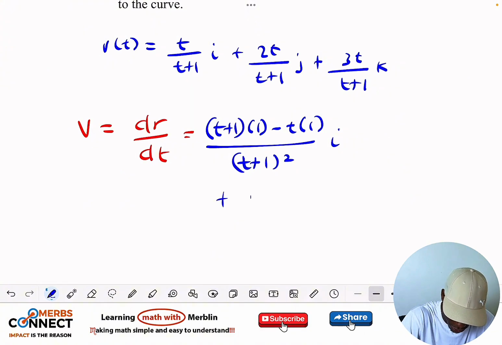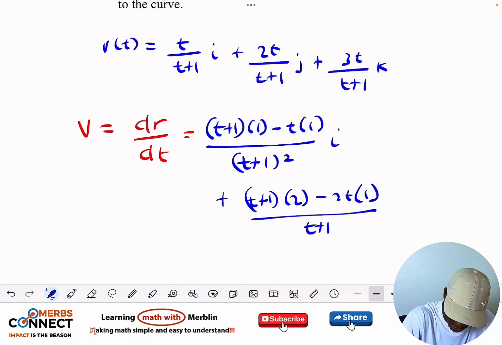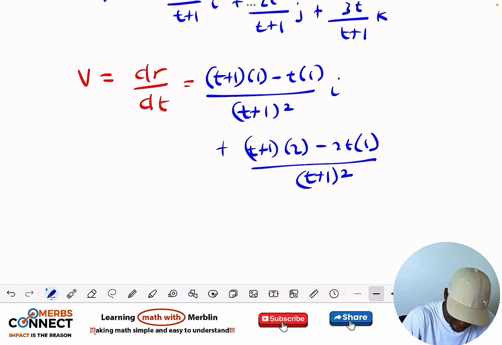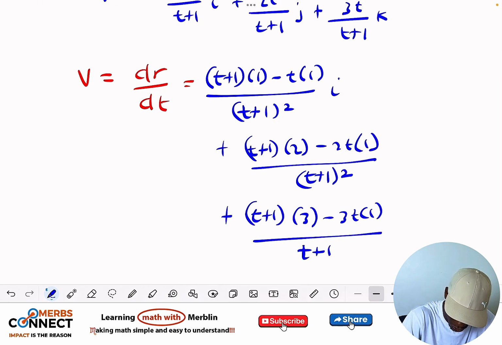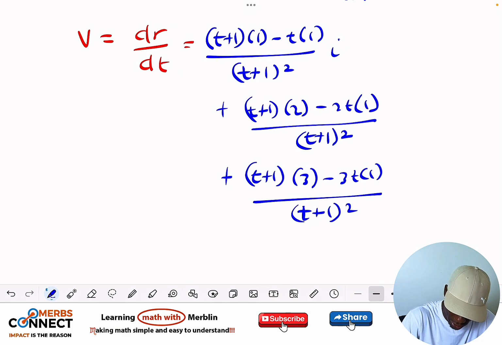Plus the j direction will be t plus 1 times 2, minus 2t times 1, divided by t plus 1 squared. And then the k direction will be t plus 1 times 3, minus 3t times 1, divided by t plus 1 all squared.